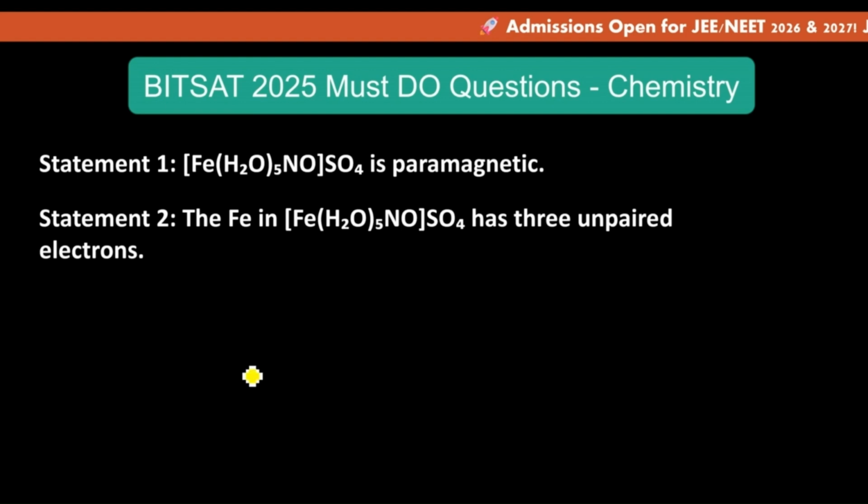Then the next question is, this is paramagnetic and Fe here is having 3 unpaired electrons. Okay, so first of all, let's find the oxidation state of Fe over here. Aqua and NO are there. NO is neutral, aqua is also neutral. So overall this will become 2 plus, so 2 plus is the oxidation state of Fe. So Fe 2 plus, which is 3d6 electronic configuration.